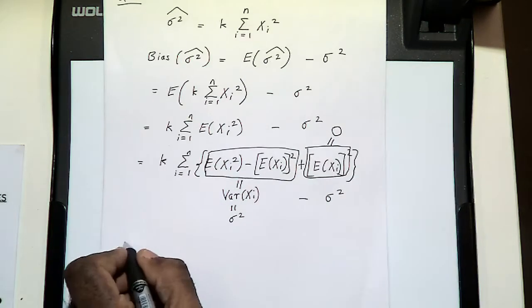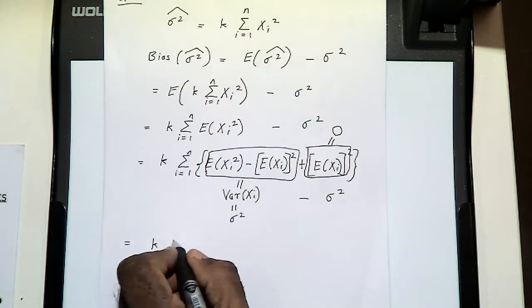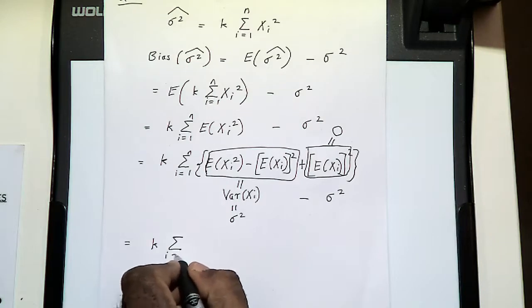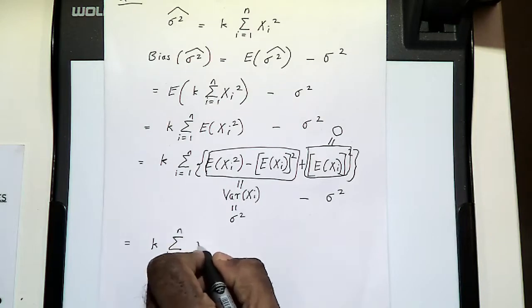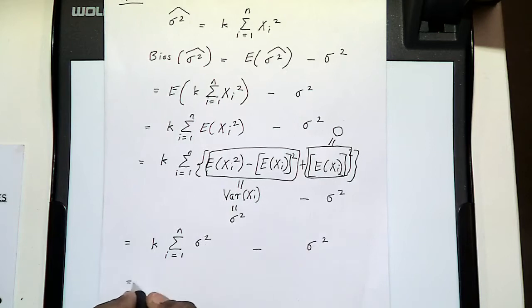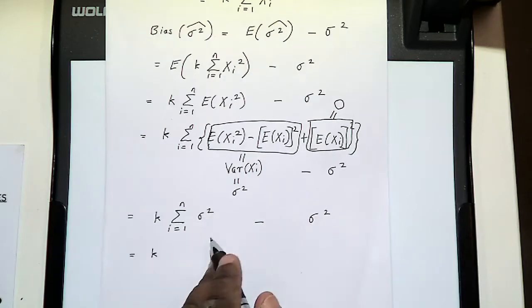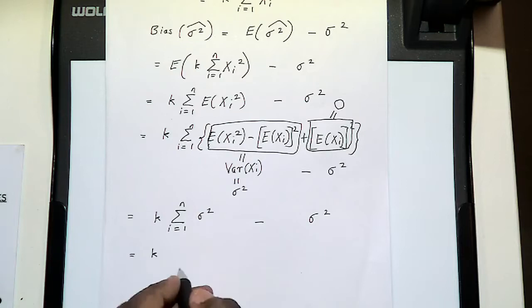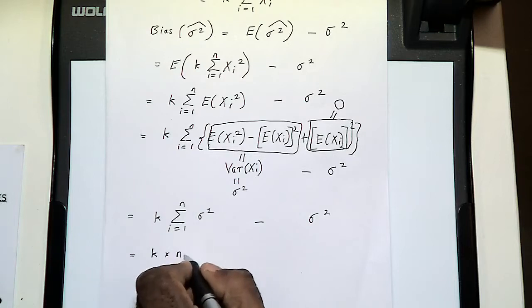So what you have is k times the sum of sigma squared minus sigma squared. And so this is k times the sum of this. Sigma squared is a constant with respect to i, so it's simply n sigma squared.